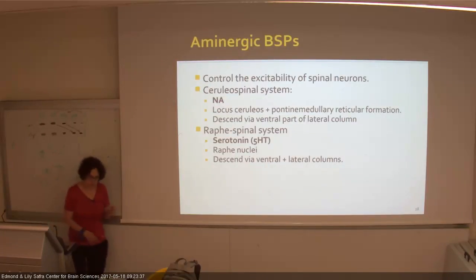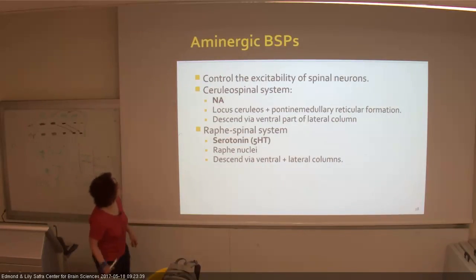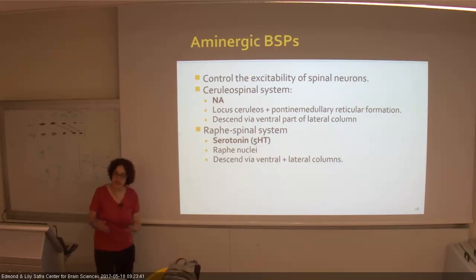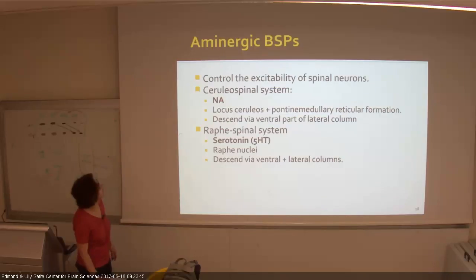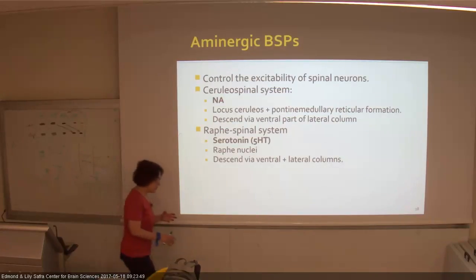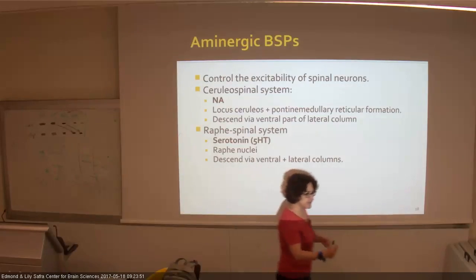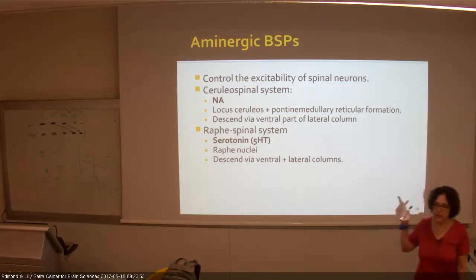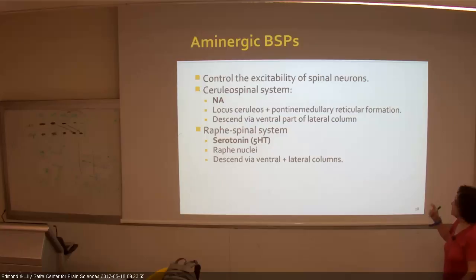The last set of pathways that is interesting, and gained more interest more recently, is the aminergic pathways. Because we are talking about descending pathways as transmitting information, but the aminergic pathways are not a part of an information channel, right? They don't really transmit specific information.